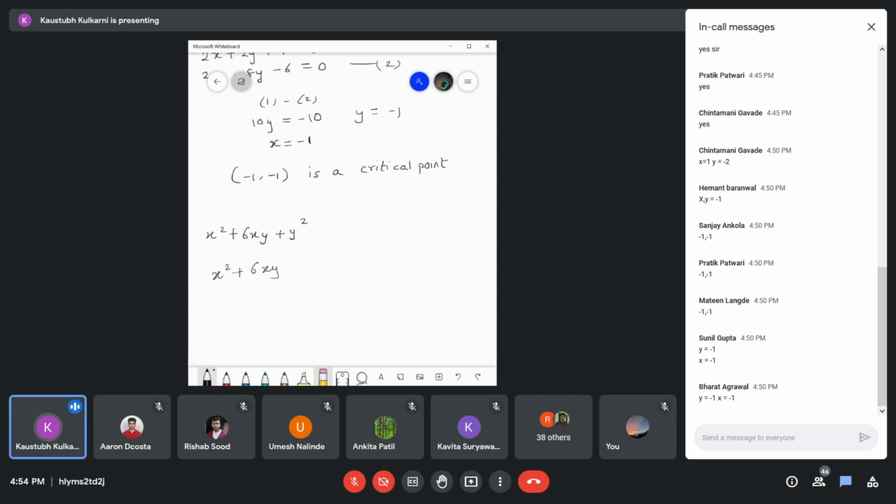If it is 2ab, your a is as it is x, so b must be 3y, and the square of 3y is 9y square, plus y square, and then minus 9y square because you added plus 9y square, therefore you subtract it. So now this becomes x plus 3y square minus 8y square.